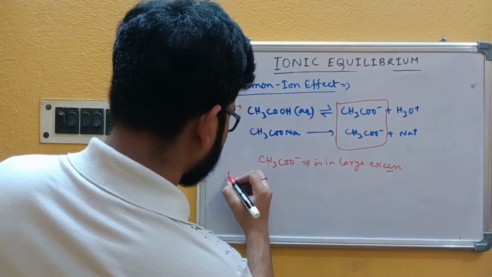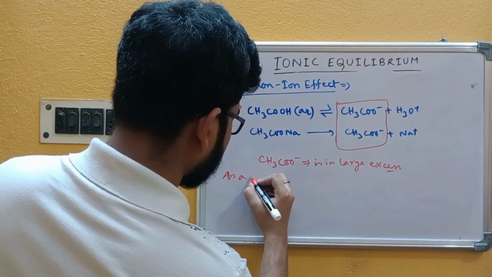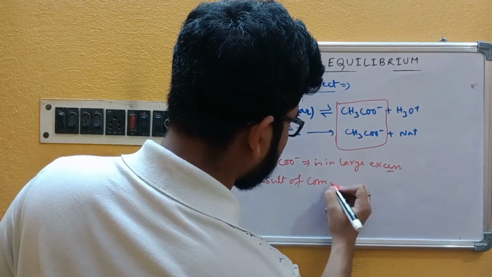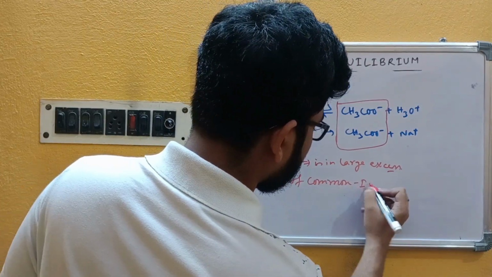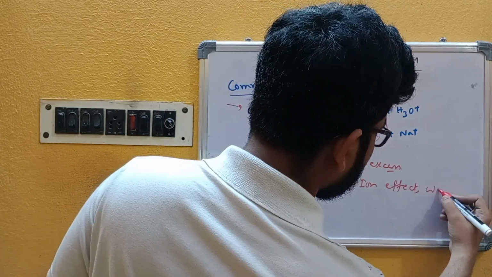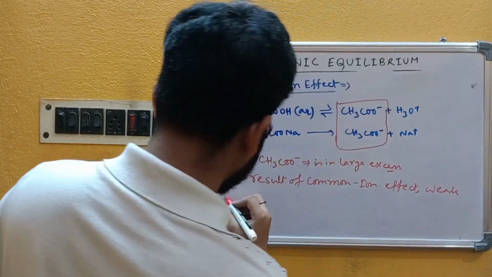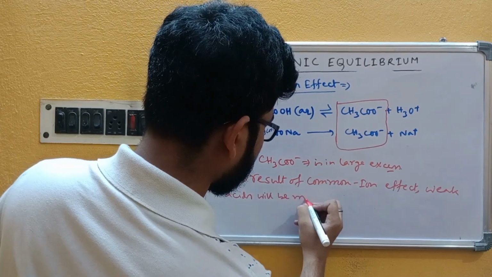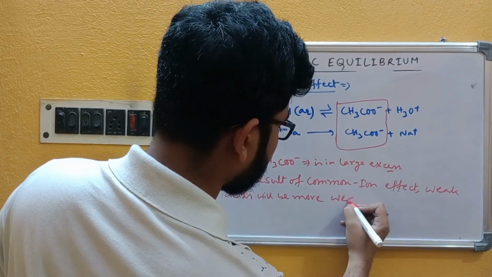So as a result of common ion, weak acids will be more weak.